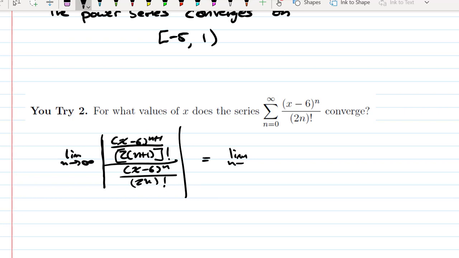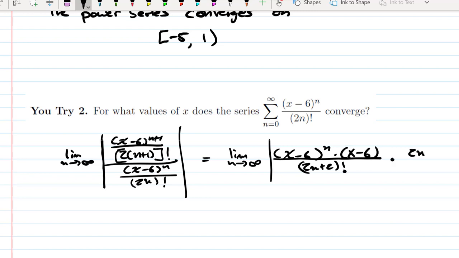So we multiply by the reciprocal of the denominator, and that gives us x minus 6. I'm going to split this up: times (x minus 6)^n times (x minus 6) over (2n plus 2)! times (2n)! all over (x minus 6)^n.